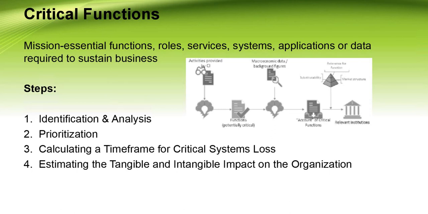US government organizations commonly use the term mission essential functions to refer to functions that need to be immediately functional at an alternate site until normal operations can be restored. Essential functions for any organization require resiliency. An organization also must identify the dependent systems for both the functions and the processes that are critical to the mission or business. Okay, so you can see the steps here: the identification and analysis.